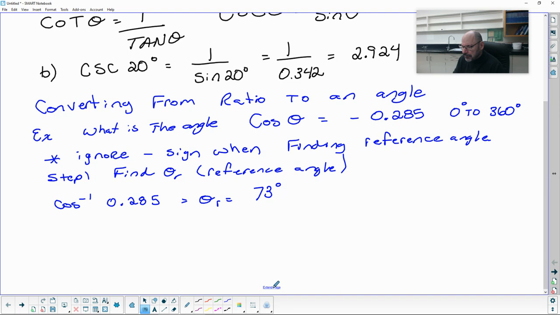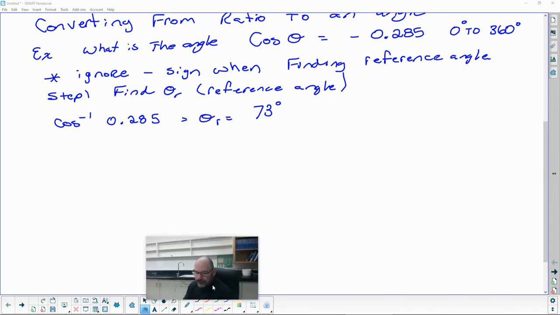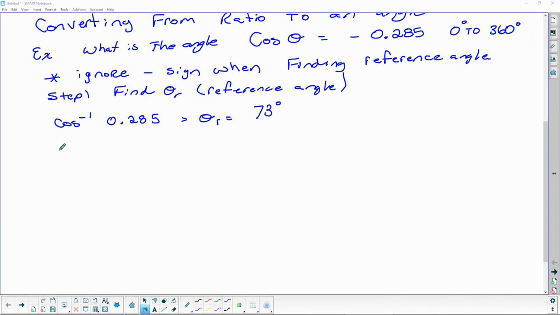So step 2 is to sketch the quadrants or the circle. We'll just say the quads. Okay, so here I'm going to sketch it. So I'm going to put my quad here.